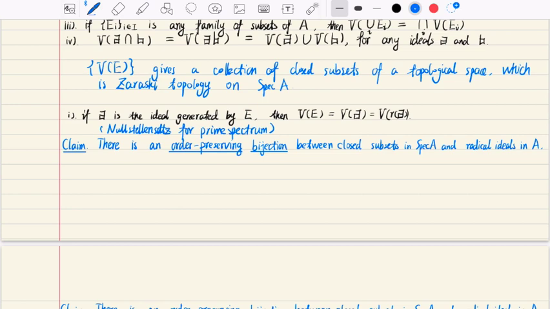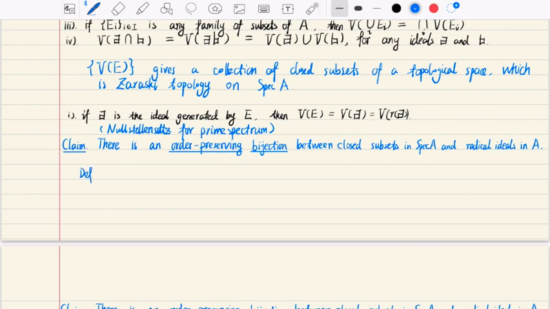To understand this theorem, we need to first understand order-preserving, and we also need to understand the meaning of bijection, because bijection means that the map V has an inverse map. The other two things are the closed subsets we have talked about before, and also the radical ideals. First, let's start with the radical ideals.